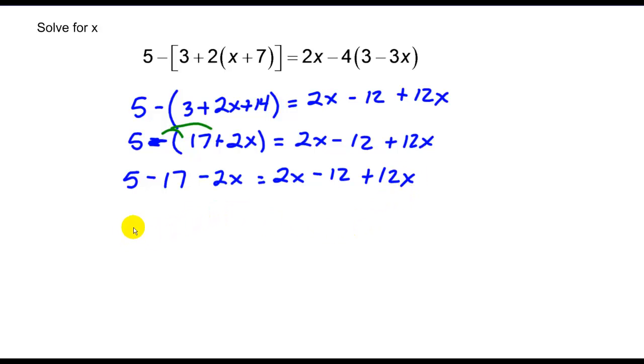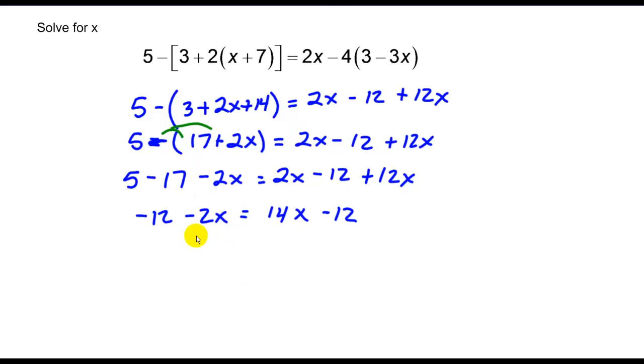Combine like terms on each side. I have negative 12 minus 2x equals 14x minus 12. Notice in this case, I'll combine any like terms, which I've already done, and then I'll try to get all my variables to one side of the equation.